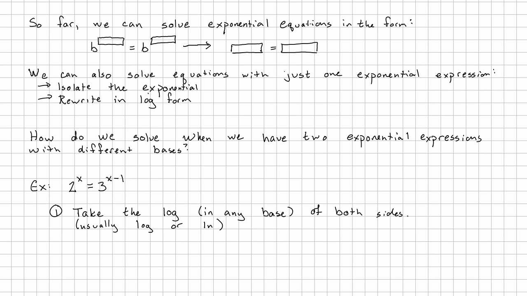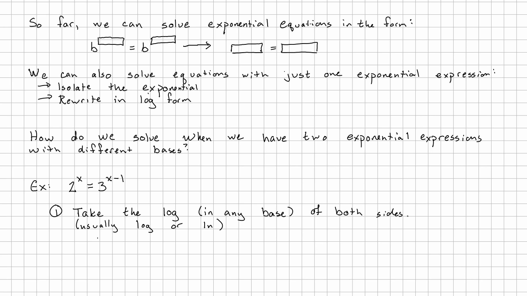Our first step will be to take the log in any base that we like of both sides of the equation. Usually we'll choose either the common log or the natural log, because that'll make our lives easier as concerns the calculator. I'm going to choose to use the natural log here, partially because that's my favorite log, and partially because it has one less letter.